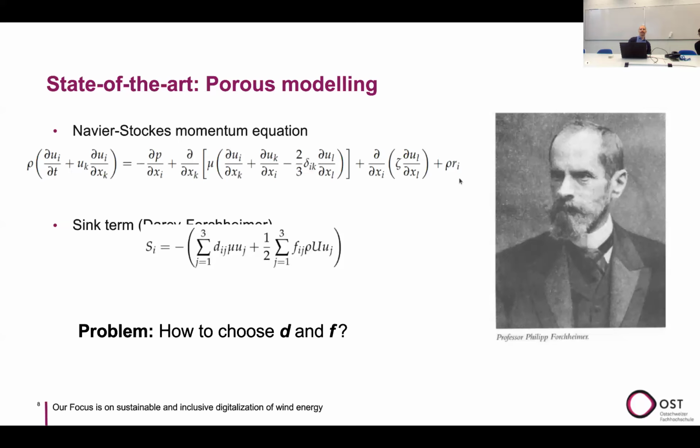So what is usually done in order to model these forces, at least somehow, is to add a sink term, and so instead of this rho Ri, we have this term, which was introduced by Professor Philip Forchheimer.